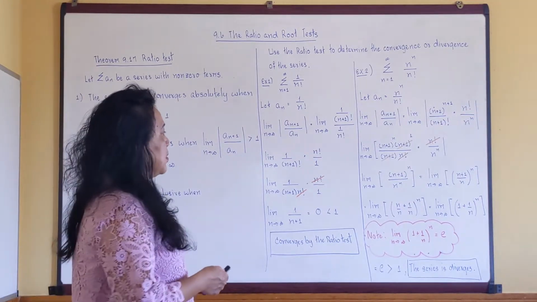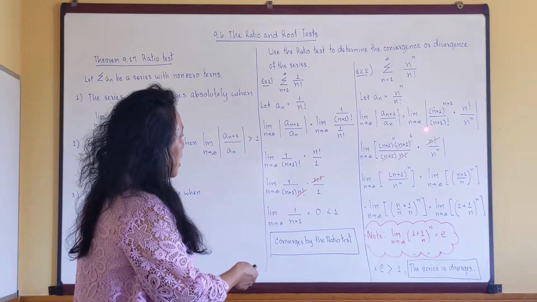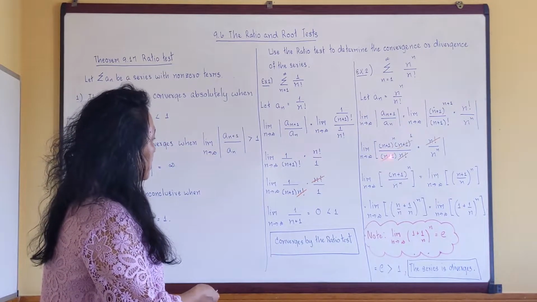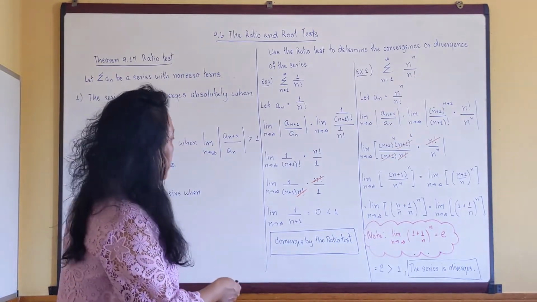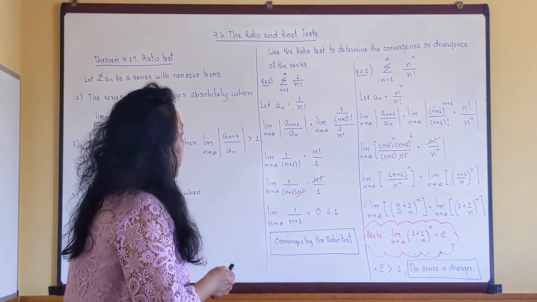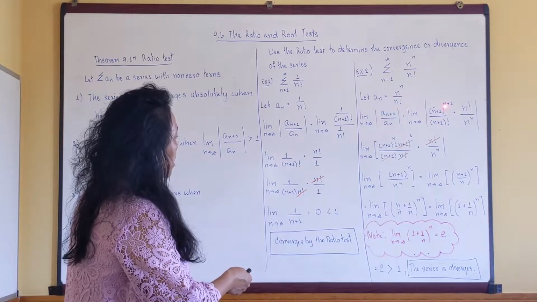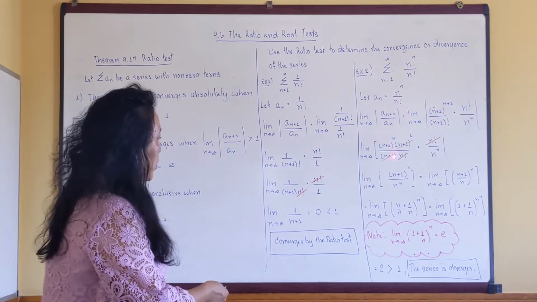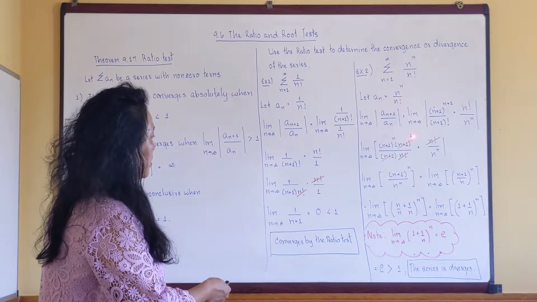Now I need to simplify this. I have n factorial here and n plus 1 factorial here, so I rewrite it as n plus 1 times n factorial. The reason I do that is I want to reduce the n factorial terms. From here, n plus 1 to the n plus 1 can be written as n plus 1 to the n times n plus 1 to the 1.